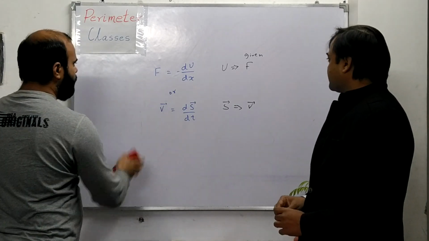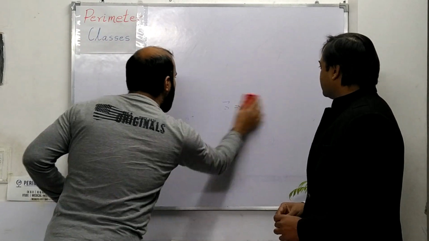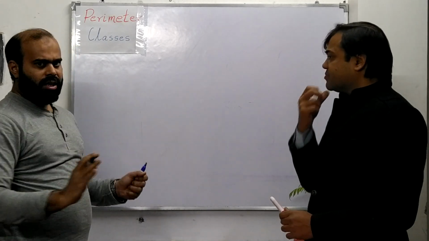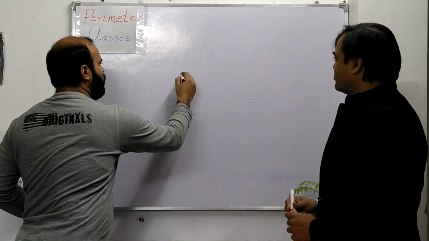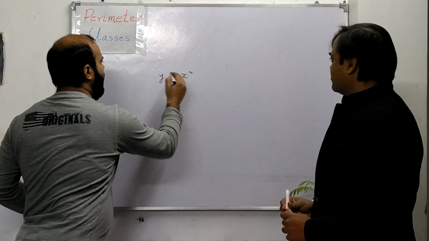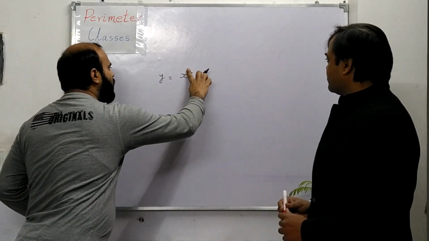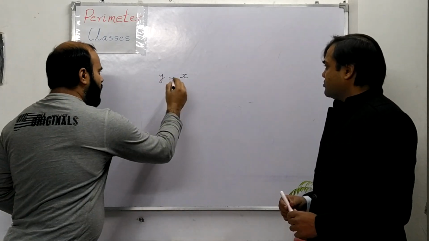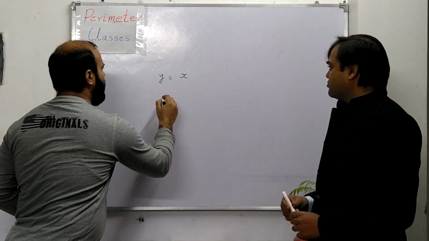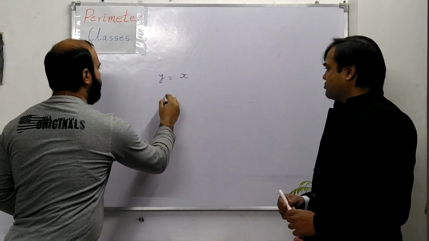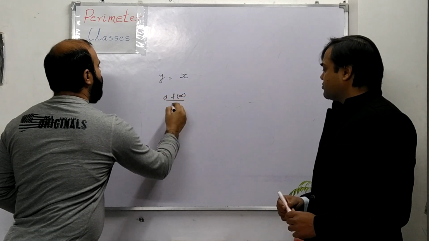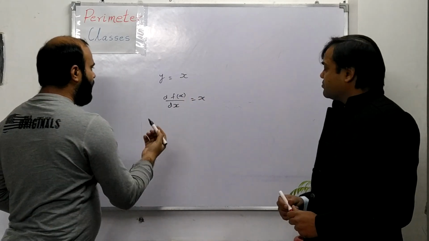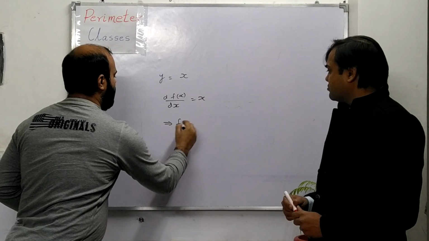So first of all, let me make you understand with a graph, and I'm not taking any other graph, I'm simply taking a graph of y is equal to x. When you differentiate a function, suppose f(x), you get x. Now the question arises: what should be the function f(x)?